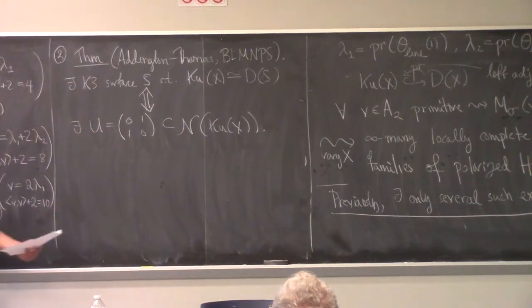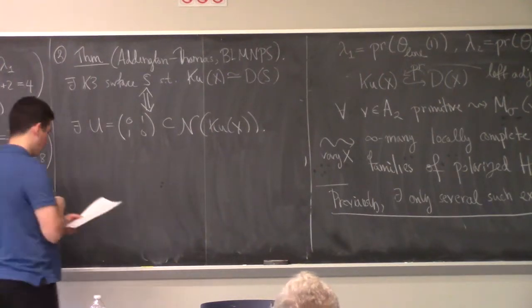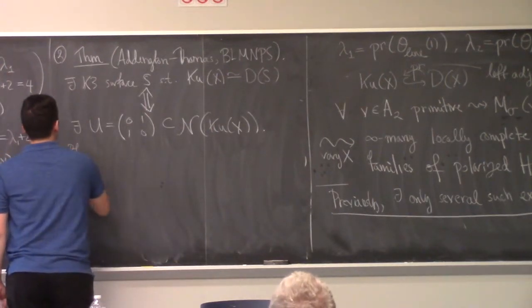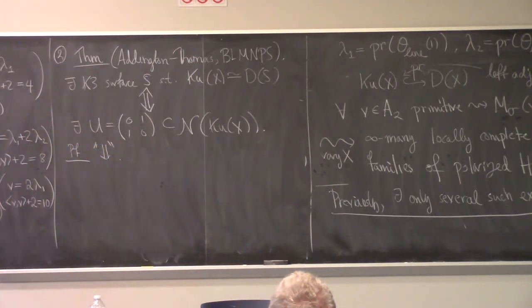Okay, so let me tell you actually the proof of this. It turns out to be kind of easy if you accept the theorems from before. So here's the proof. The downward direction is the easier direction.